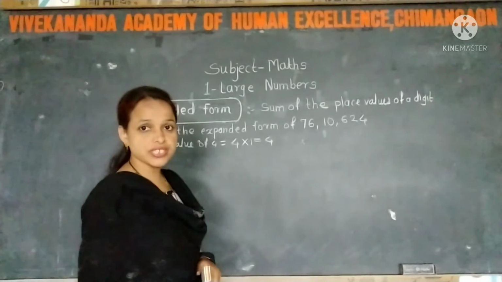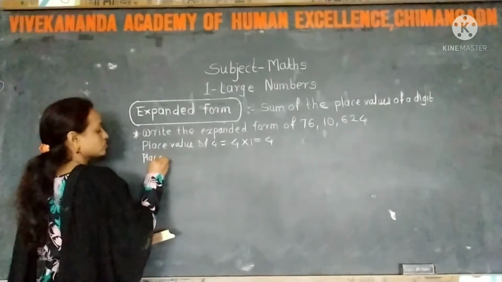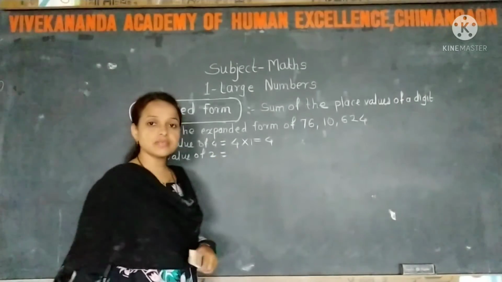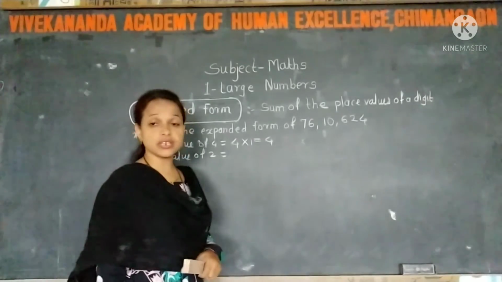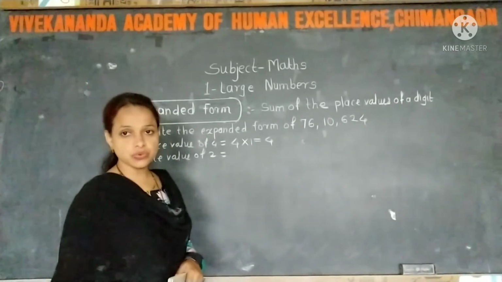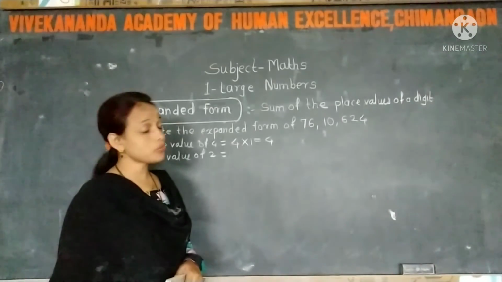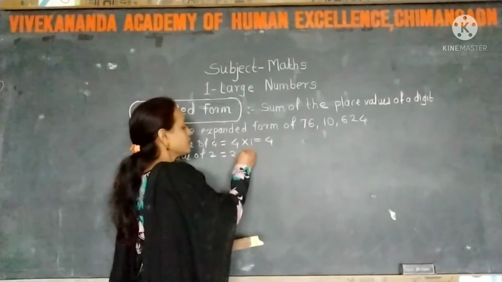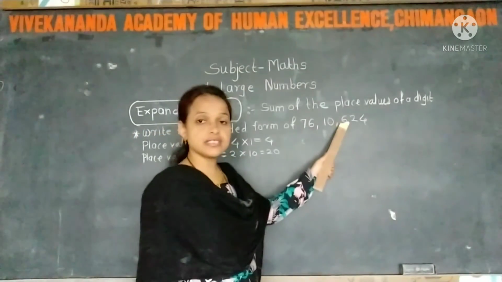Next digit is 2, which is at the tens place. Face value of 2 is 2, and we multiply 2 by 10 because the value of the place it occupies is tens. So we get 20. Next digit 6.